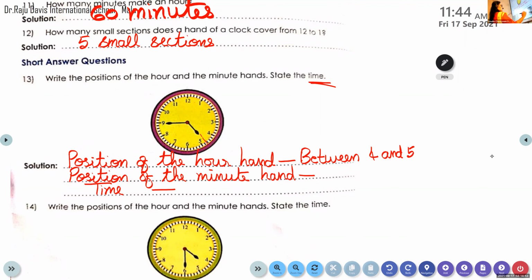Devamitra. Unmute. What happened, Devamitra? You are not able to unmute? Unmute, my dear. Okay, she's not unmuting.